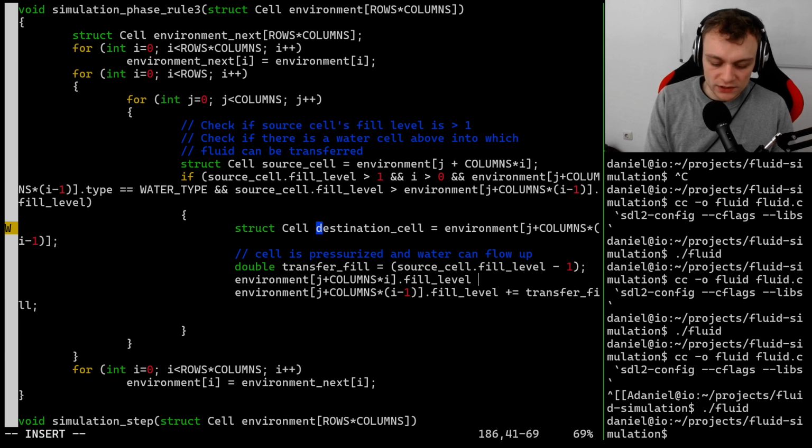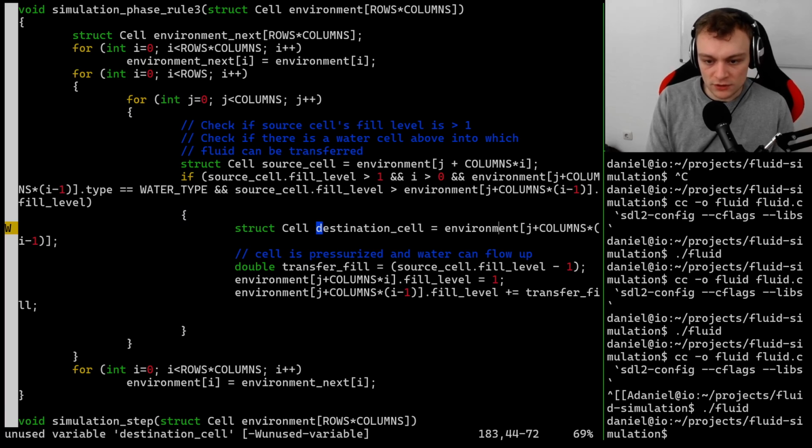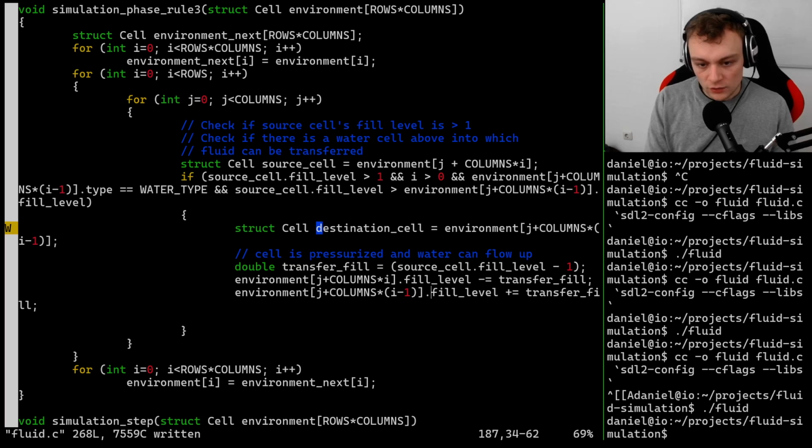Which is practically the same in this case as setting it to 1, because we let everything else flow up. And then increment, and also because we make sure that... no, it's not the same. No, forget about it. And then here we let the environment, the cell above dot fill level be incremented by the transfer fill.